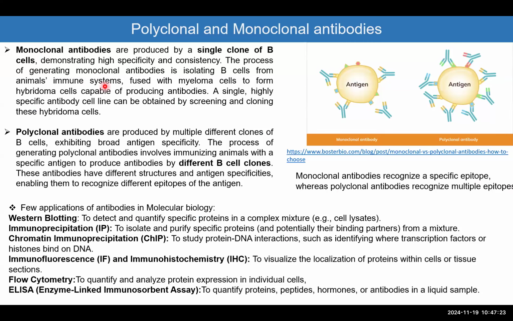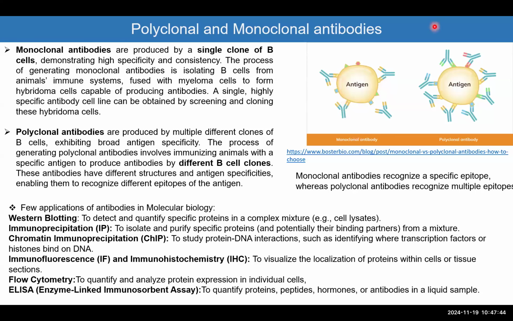So also we discussed in the previous class the difference between monoclonal antibodies and polyclonal antibodies. We mentioned that monoclonal antibodies detect only one specific epitope on the antigen, in yellow here.